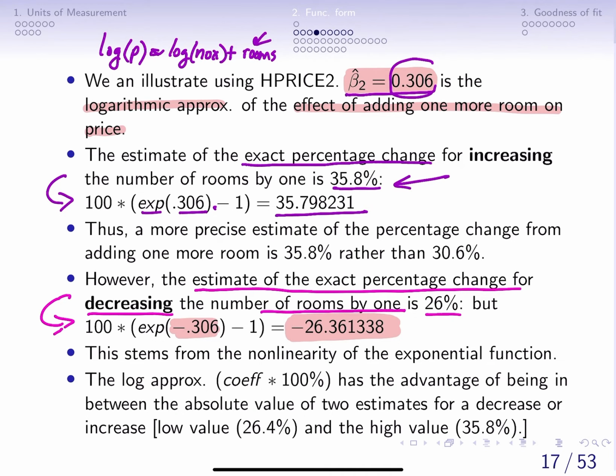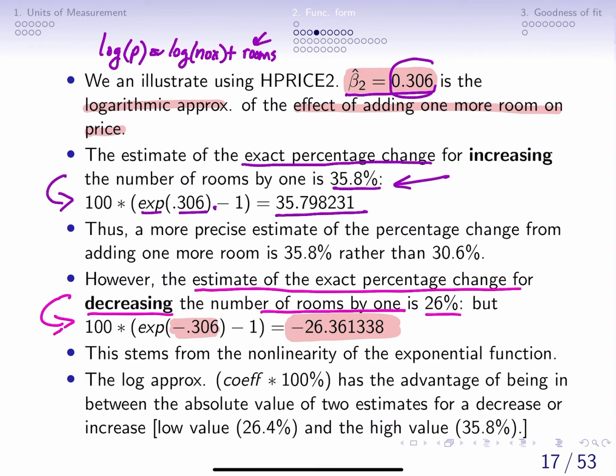So this is basically saying that if you decrease the median number of rooms by 1, then there would be a 26.3% drop in home prices. And this is all coming from the nonlinearity of the exponential or log functions.